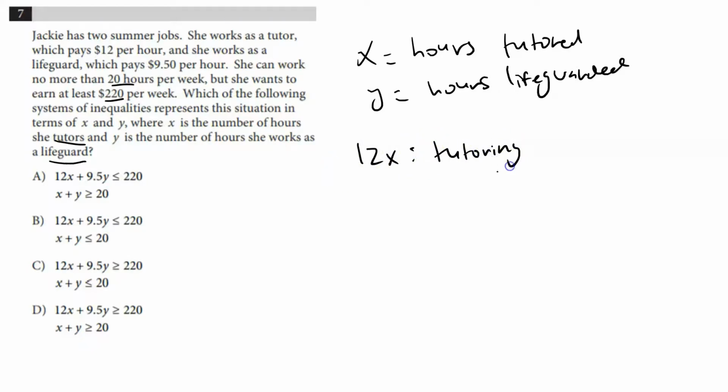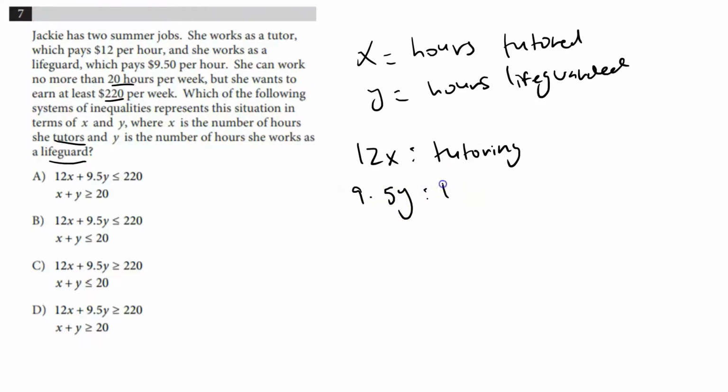We just multiply the two together. And similarly, if she works y hours as a lifeguard and she gets paid $9.50 per hour, then she has a total of 9.5y dollars.